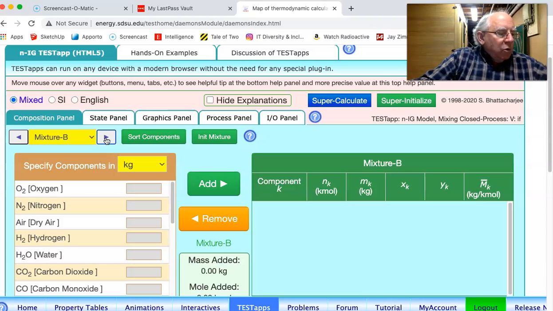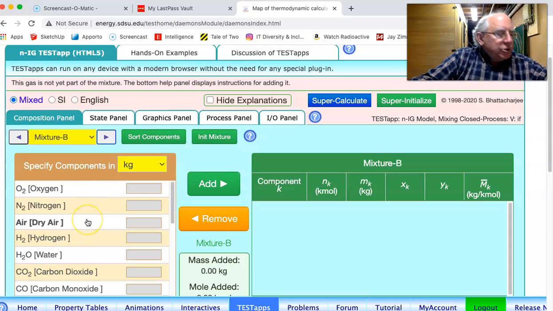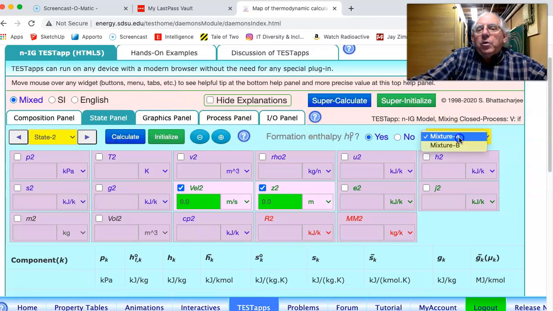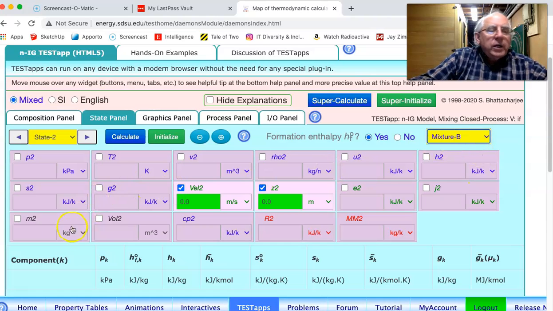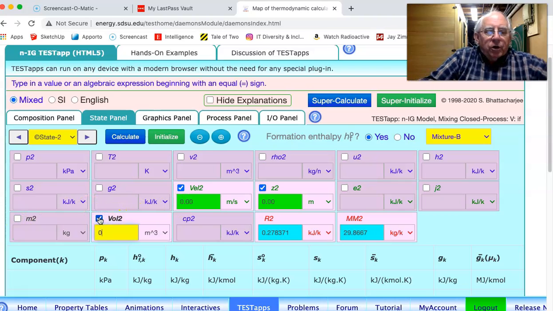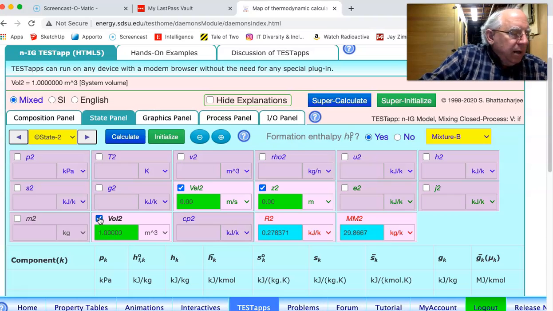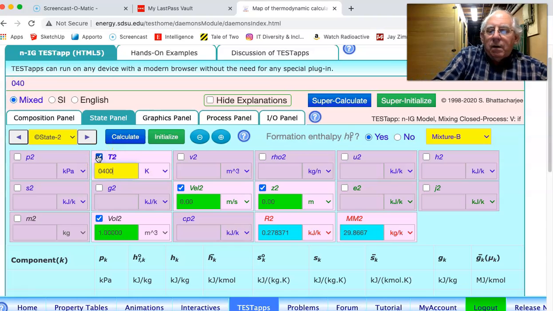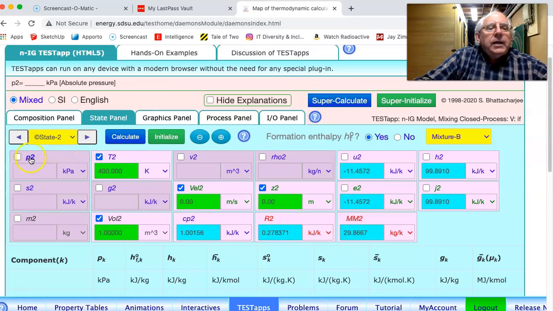Now we're ready to go back to determine mixture B, which is in the right-hand side. In this case, it was an equal mass mixture of oxygen and nitrogen. We can keep it as kilograms, put in 1 there and 1 there, and we now have the 50-50 mass balance associated with mixture B. We then go to our second state, which we specify as mixture B. There is 1 cubic meter of volume, and the temperature is, wait a minute, the temperature is 400, and 300 kPa.